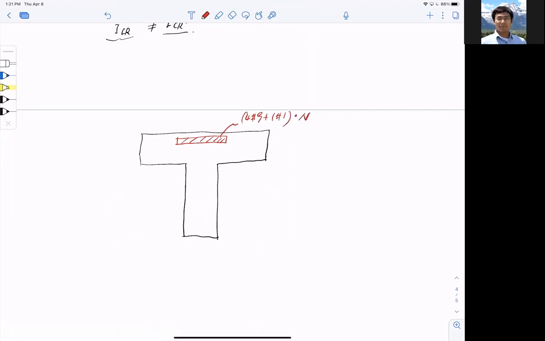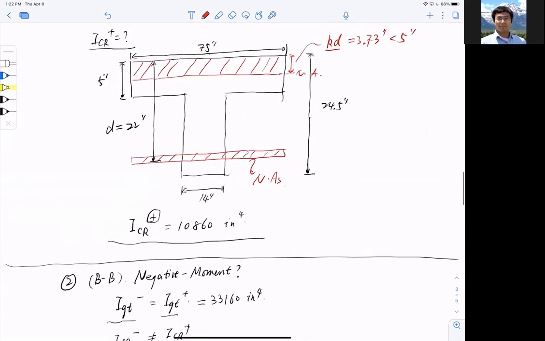If you do the computation, this is essentially 8, the modular ratio, multiplied by As: 4 number 9, so 4 inch squared, plus 1 number 11, that is 1 multiplied by 1.56 inch squared. So I got this number to be 44.48 inch squared.